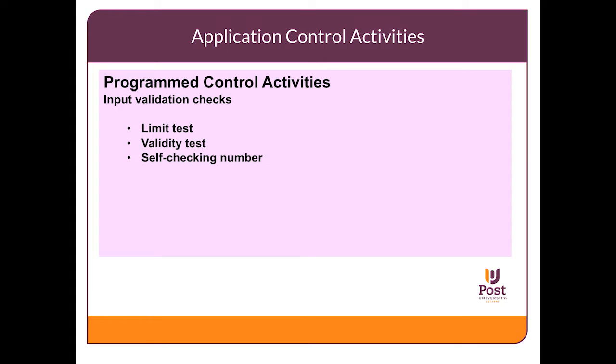A self-checking number or check digit is a number added to a code, such as a barcode or an account number, to derive a further number as a means of verifying the accuracy or validity of the code as it is printed or transmitted.